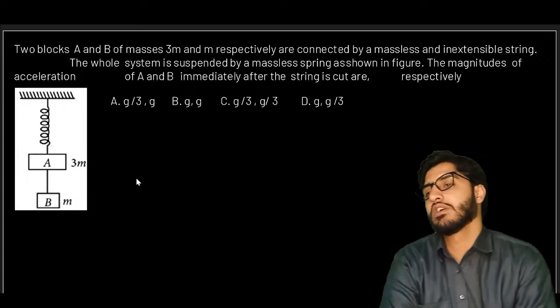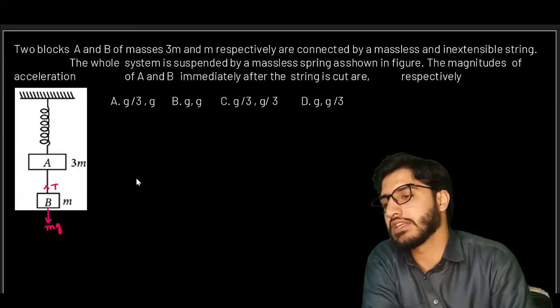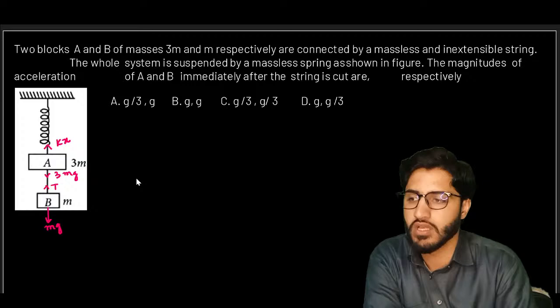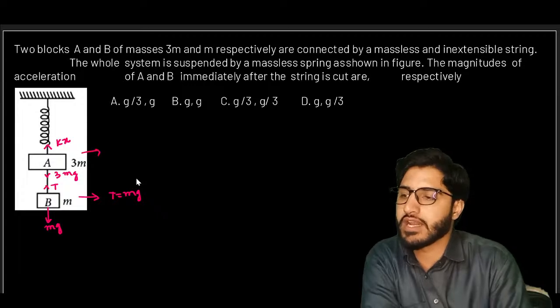For the lower block, tension T is upward and mg is downward, so T is equal to mg. For the upper block, kx is equal to 3mg plus T, and T is mg, so kx is equal to 4mg.